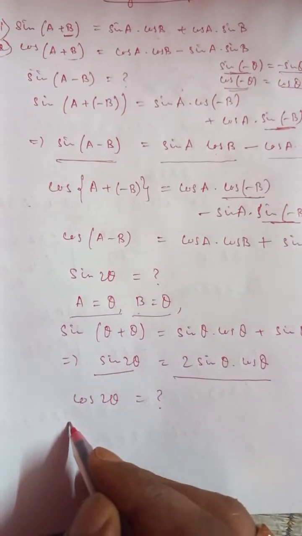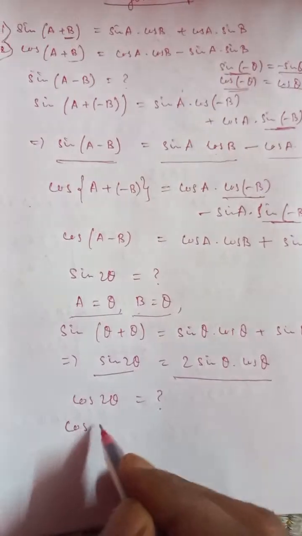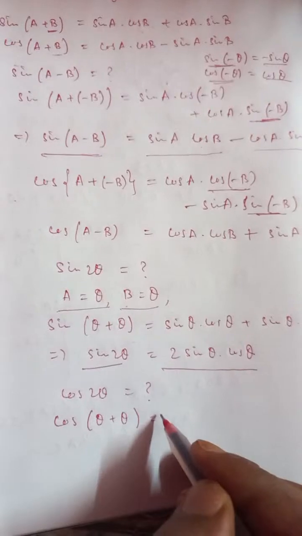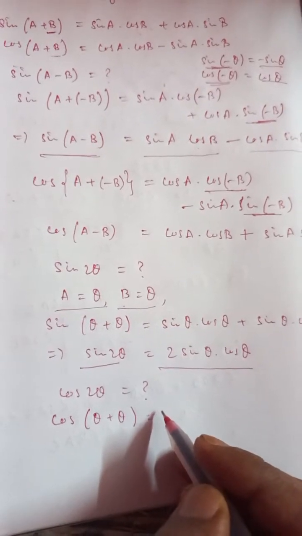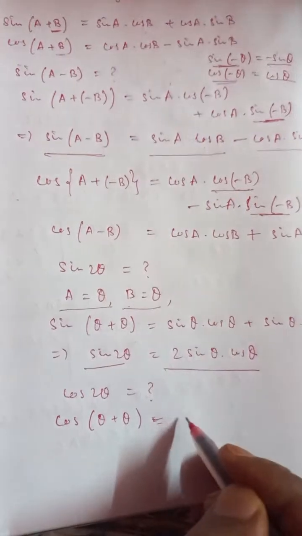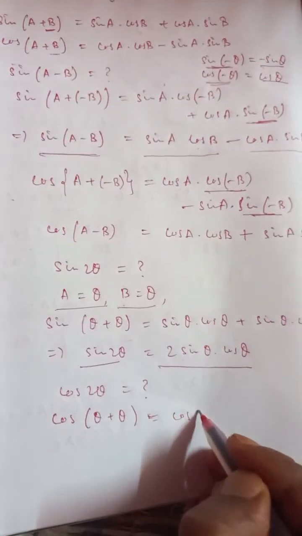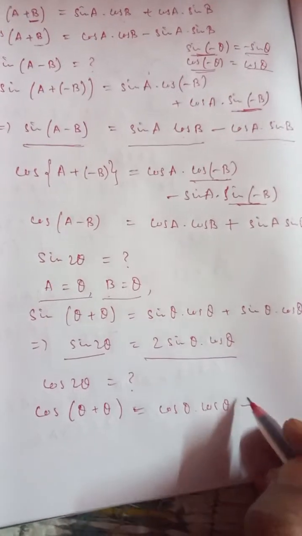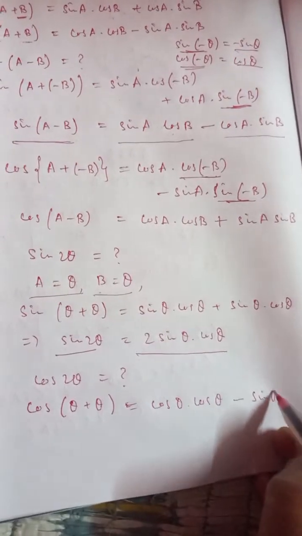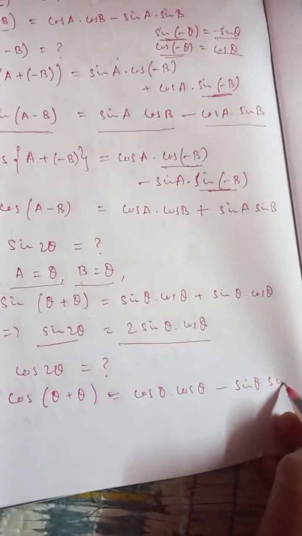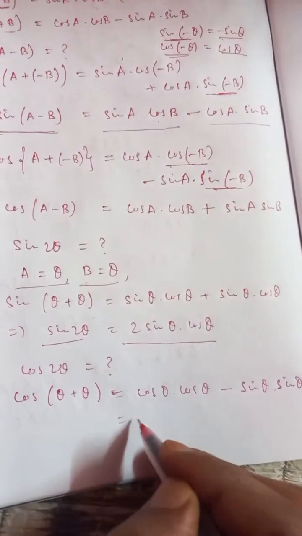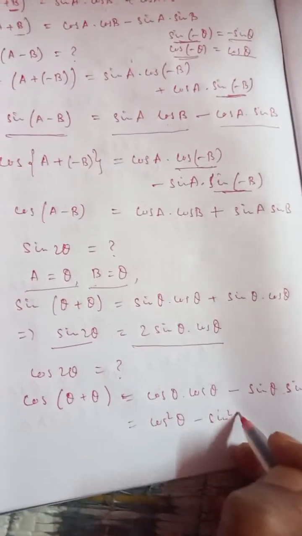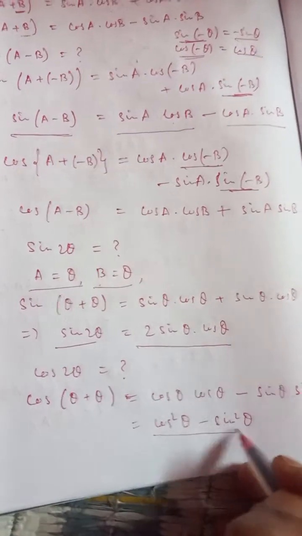So this will be cos theta plus theta is equal to cos theta multiplied by cos theta minus sine theta multiplied by sine theta. So we'll have cos square theta minus sine square theta. So this is the formula of cos 2 theta.